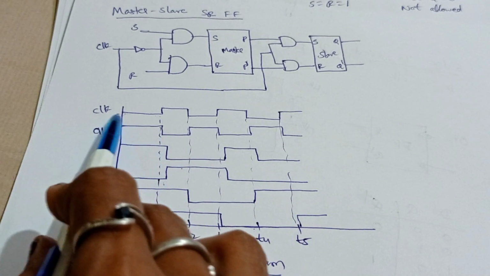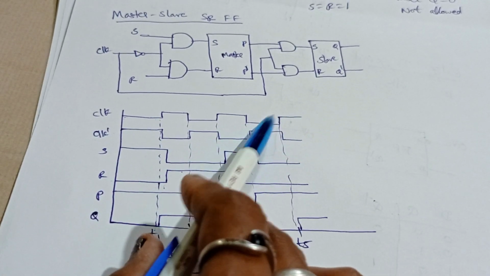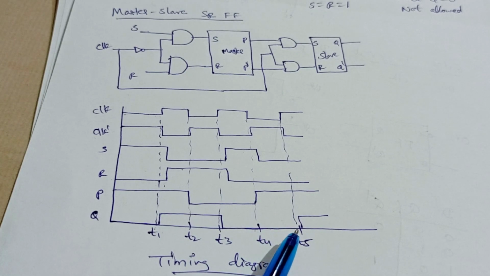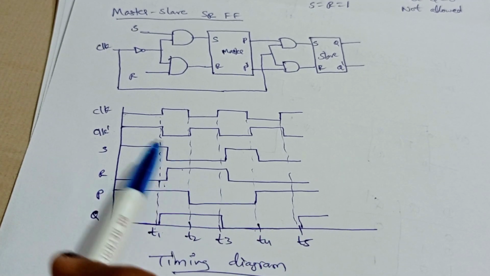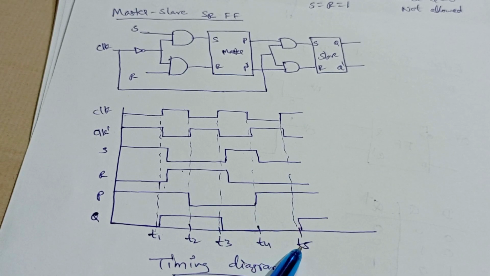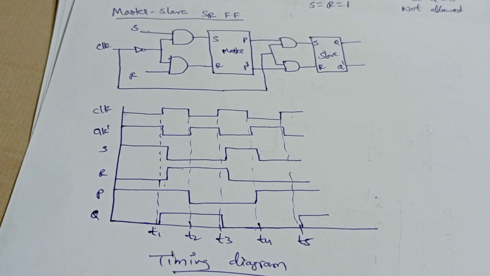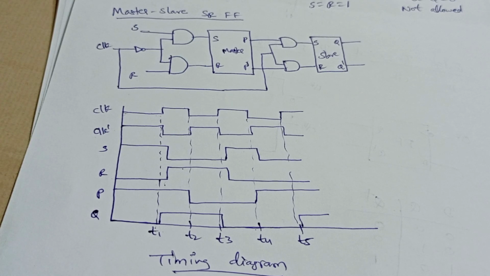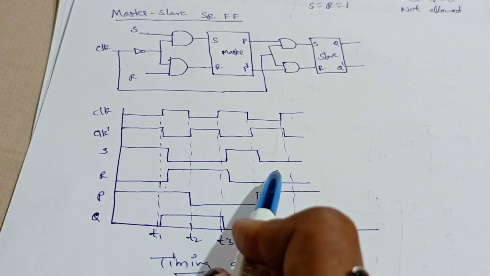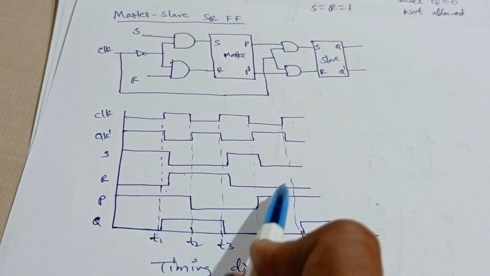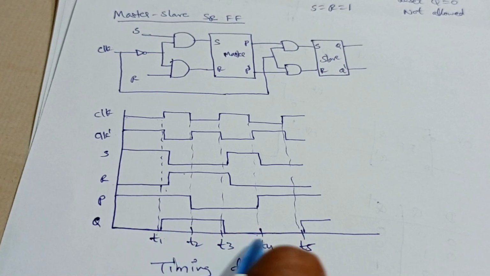Here the clock is rising from 0 to 1. Then S changes to 0 at T5. We can solve this problem if we only allow the SR inputs to change while the clock is high. When S is equal to 0 and R is equal to 0, the output Q should not change.